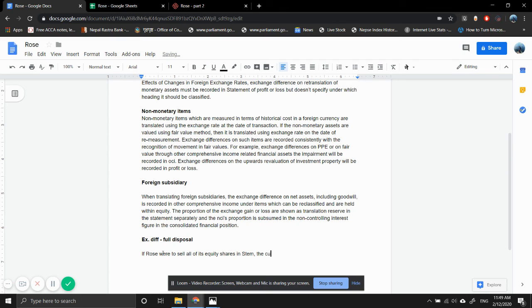the cumulative exchange differences belonging to the equity holders of Rose will be reclassified from equity to profit or loss.